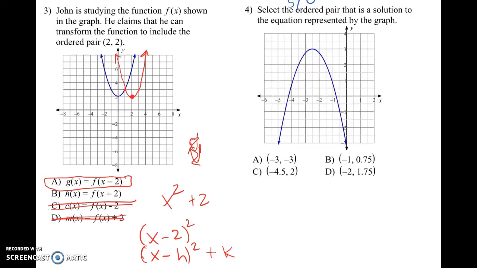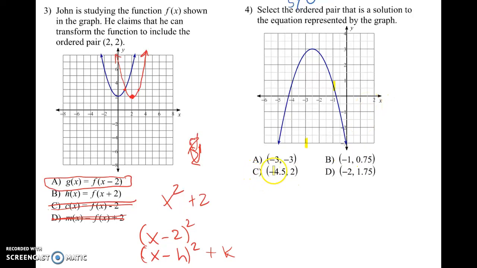So let's see. Is negative 3 a solution? Negative 3, negative 3. No, that's not a solution. Okay, let's try this one here, B, negative 1 and 0.75. Okay, that one looks like it could be it.